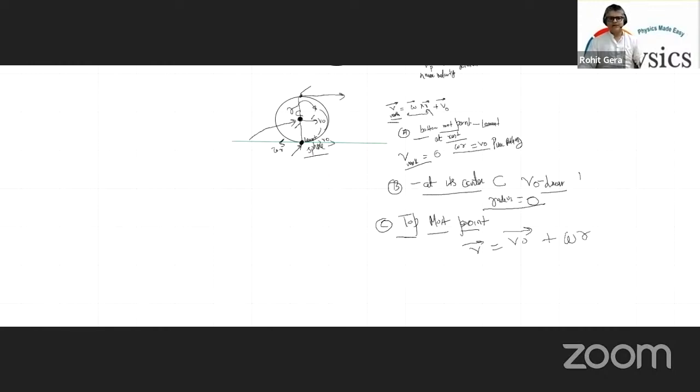R is there, omega is there, and the resultant velocity is in the same direction as v naught. Omega r, because the body is moving in a clockwise direction, is in this direction. So if omega r is equal to v naught, this will become 2v naught. Omega r is adjusted in a manner that the product becomes equal to v naught. So you will see the resultant velocity of the topmost point is becoming 2v naught.